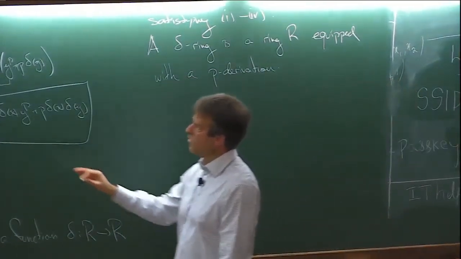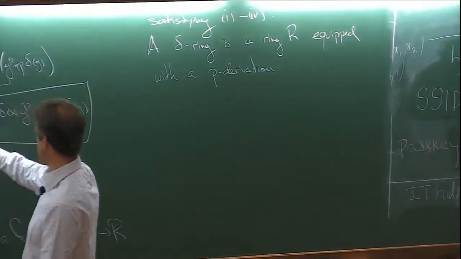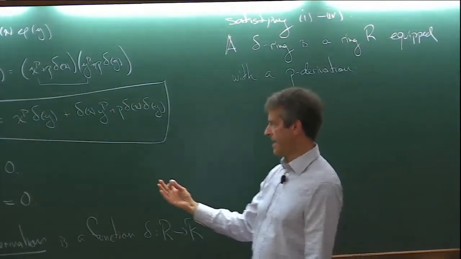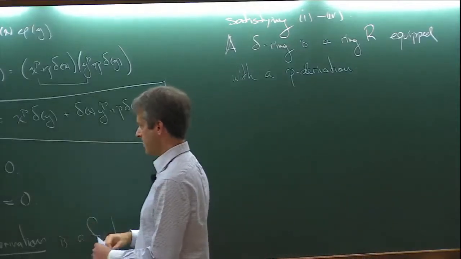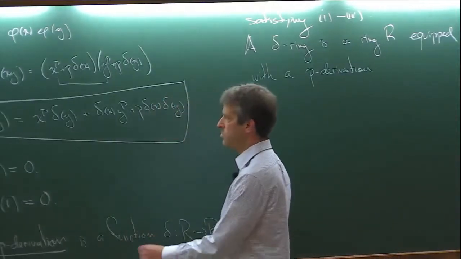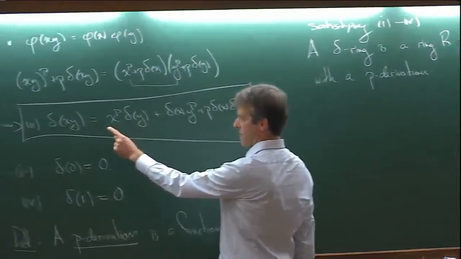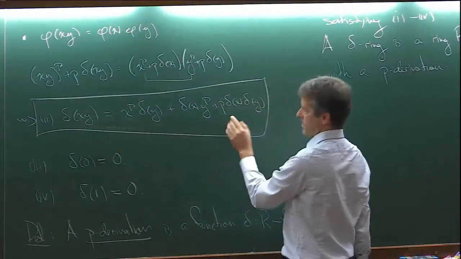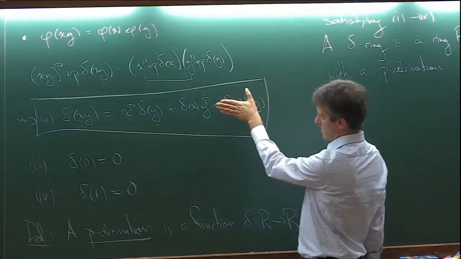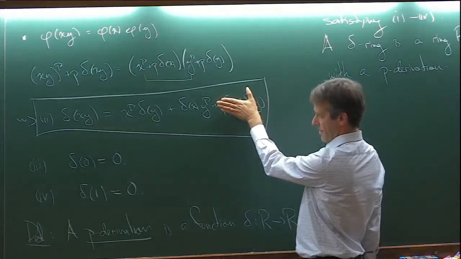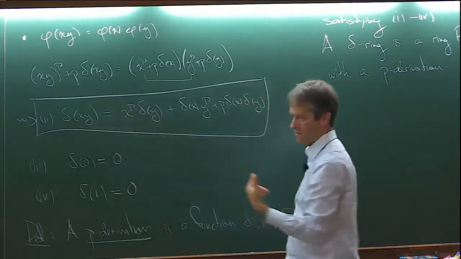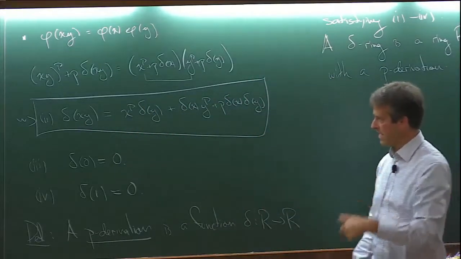You might be wondering why this is called a p-derivation. What does it have to do with differentiation? First of all, it's just a name. It shouldn't be taken too seriously, but I think it's a good metaphor. If you take this equation and reduce it modulo p, this term disappears, and then you get exactly the usual Leibniz rule from differential calculus, but twisted by Frobenius.